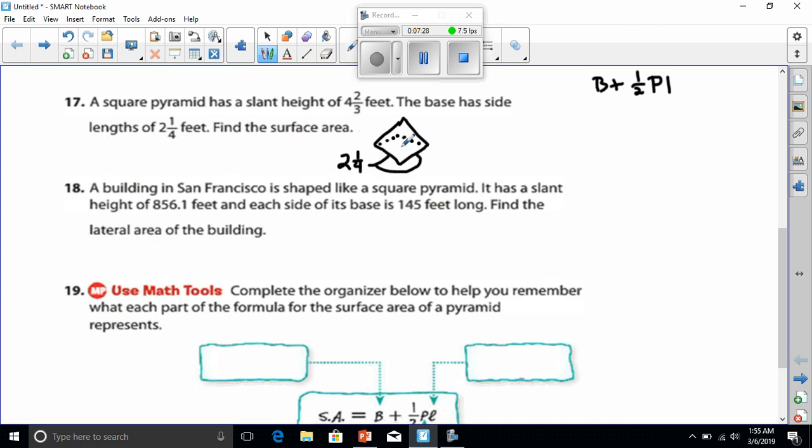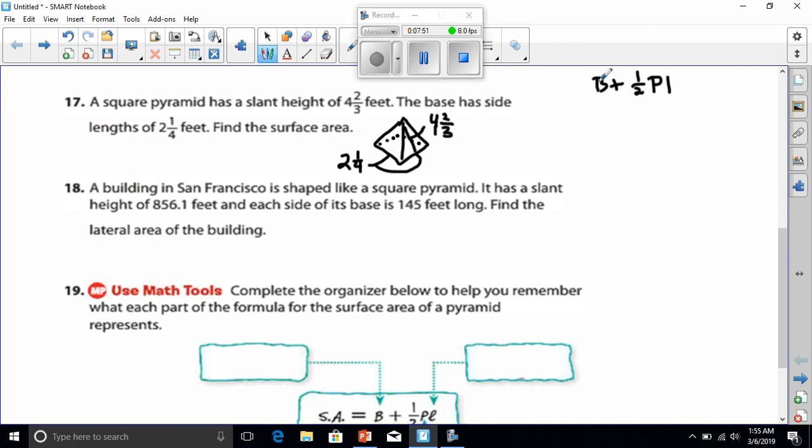Right? And the slant height, that means this height going down here, is going to be 4 2/3. Right? And let's put our formula together now.